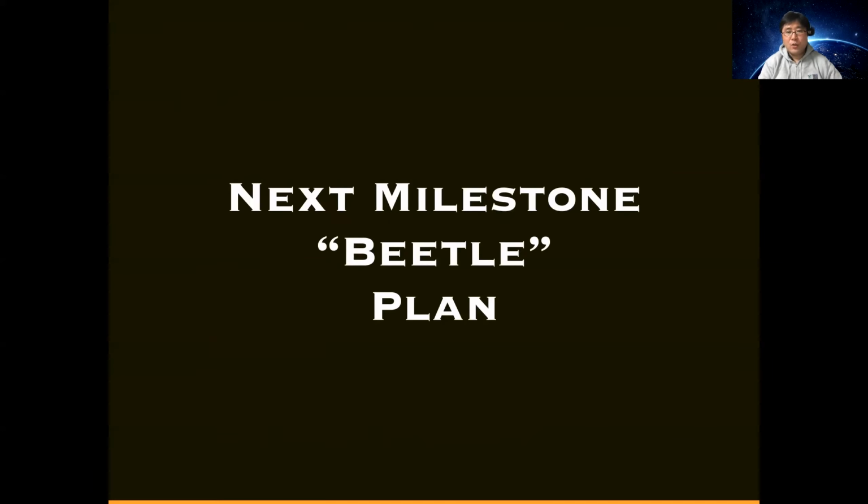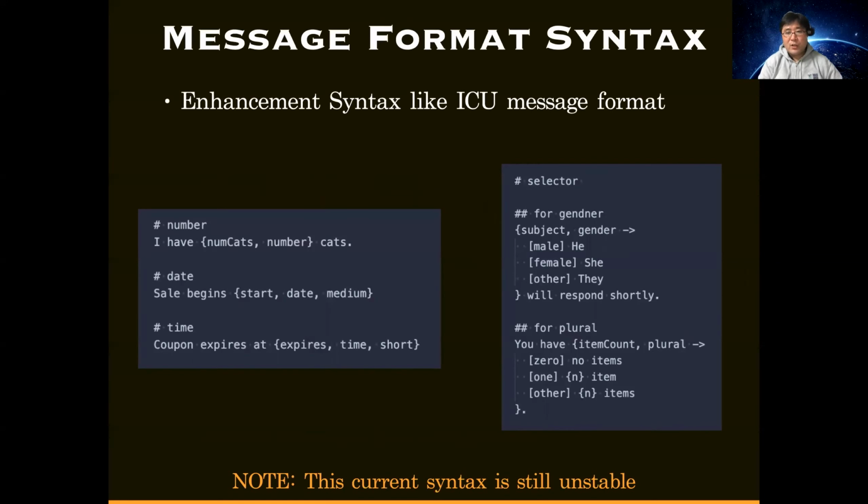Now, let's talk about our plans for Vue I18n's next milestones. In the next milestone, we will extend the Vue I18n message syntax. The Vue I18n message syntax was an original format, but the original format makes it difficult to use for those who are already familiar with ICU message format.